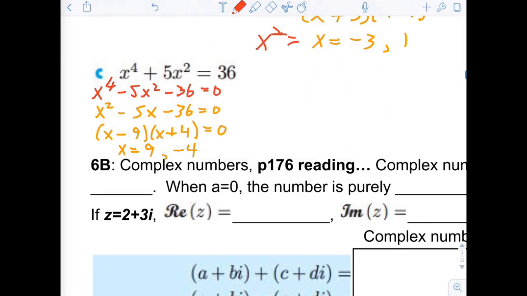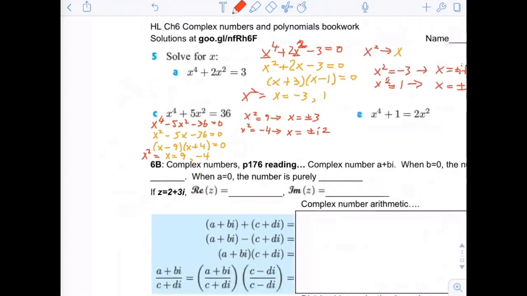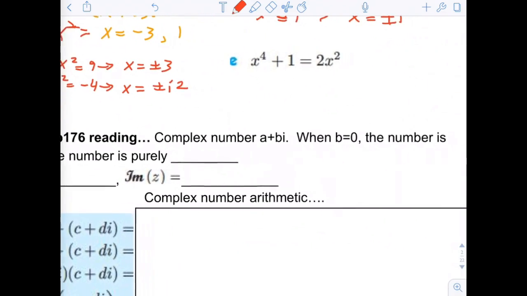So red x squared is equal to that. So x squared equals 9 leads to x equals plus or minus 3. X squared equals negative 4 leads to x equals plus or minus 2i.